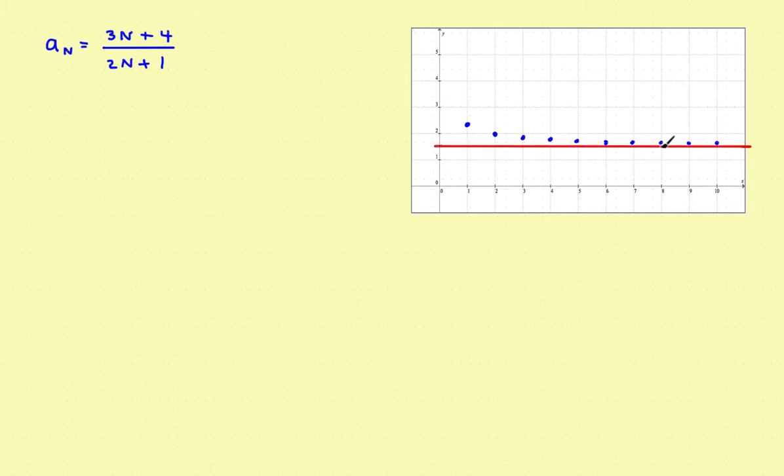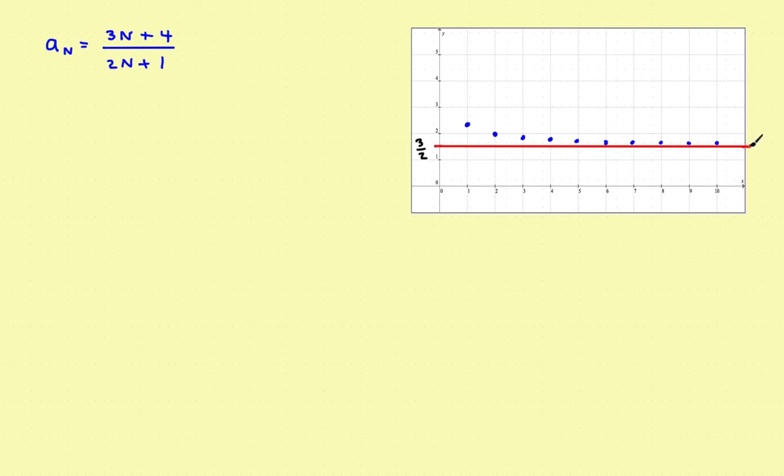It looks like, if you put a line here, the blue dots do seem to be approaching this red line. And the value of this red line, here's 1, here's 2, looks like it's halfway in between. So it looks like it's approaching 3 halves, or 1.5, which seems to be the point that this thing is converging to.